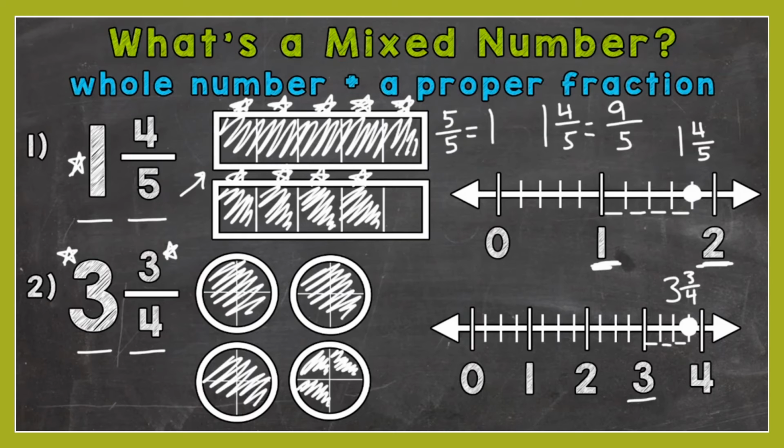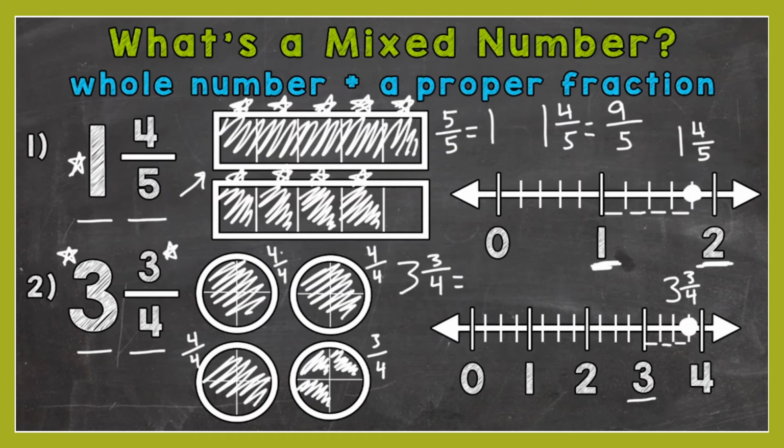Now 3 3/4 as an improper fraction, let's write that out, is going to be, let's see, 1, 2, 3, 4. We have 4/4 there, 4/4 here, 4/4 here, and then 3/4.